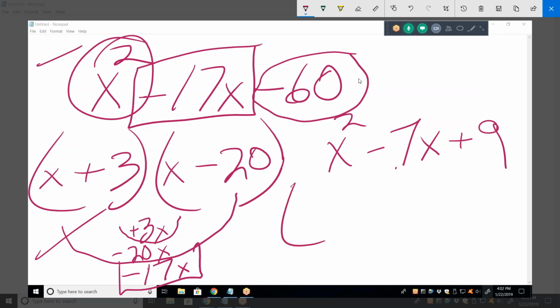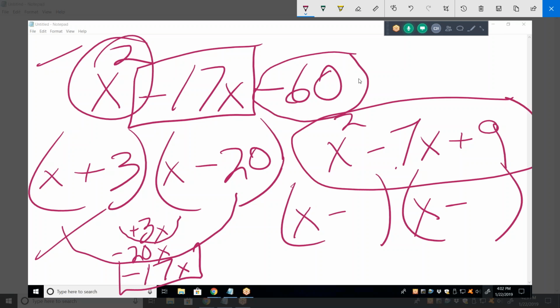Now, if I try to factor it, separate the x's, determine the signs, both negative. Now, are there any factors of 9 that add to the number 7? No. What that tells you is that you cannot factor that in the normal way.